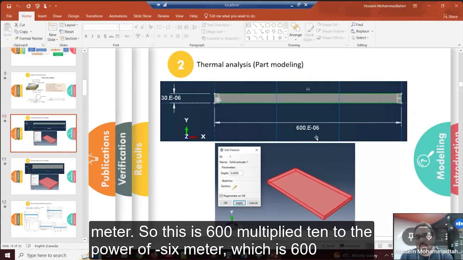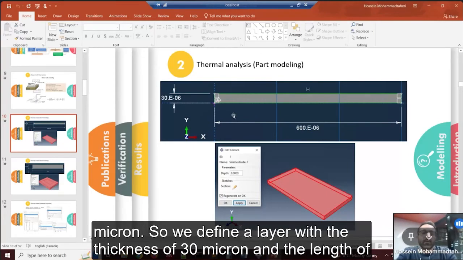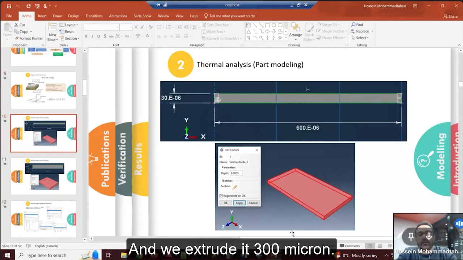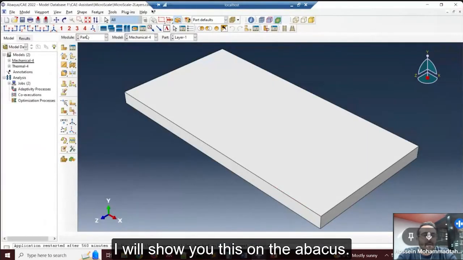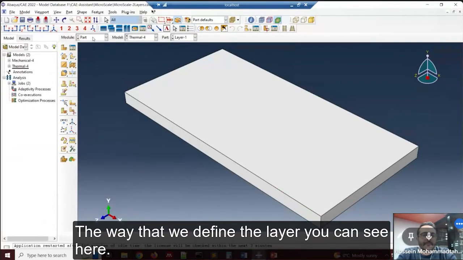This is 600 multiplied by 10 to the power of minus 6 meter, which is 600 micron. So we define a layer with a thickness of 30 micron and a length of 600 micron, and we extruded 300 micron. I will show you this in Abaqus.